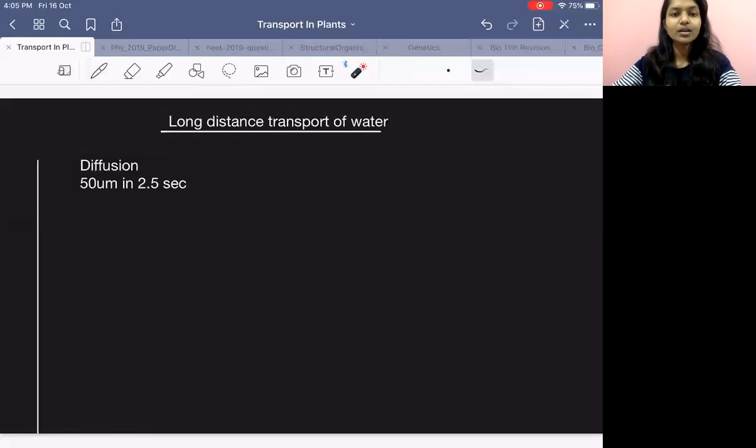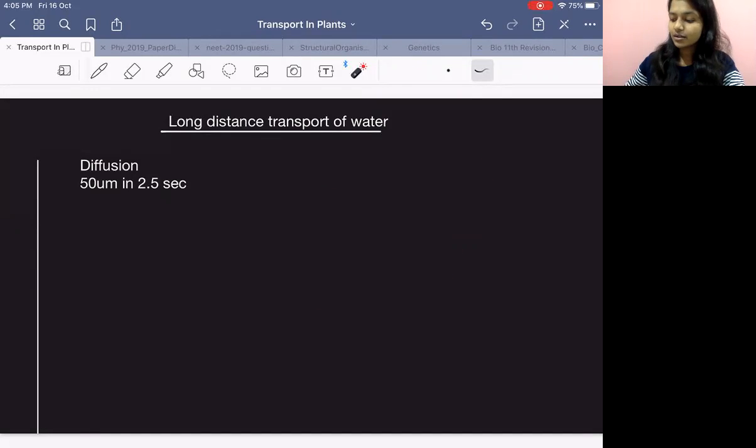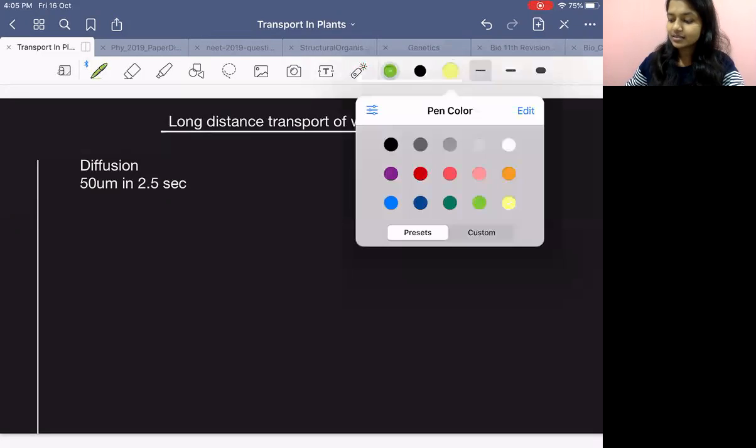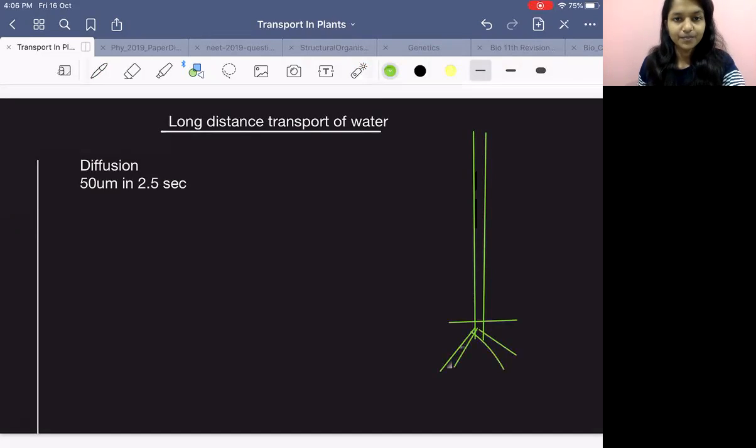We need to transport water for a longer distance. It is not for a little distance. Why? Because we know that the tree is going to be tall. It is not going to be very small all the time. Trees are very tall also. So how are you going to take water to the upper part of the plant?